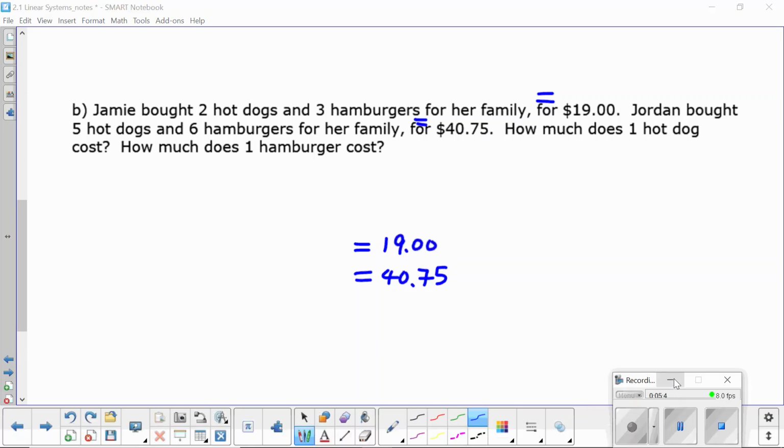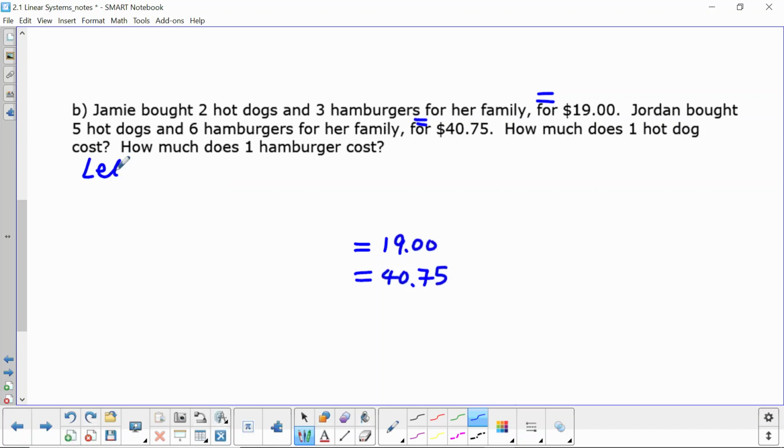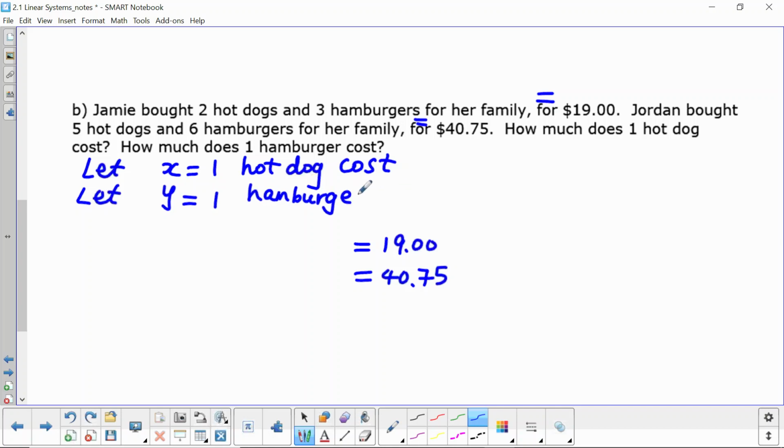Okay, then after that we are going to see what variables we are going to introduce. So x equals 1 hot dog cost, and let y, or you could just use h for hamburger, y equals 1 hamburger cost.